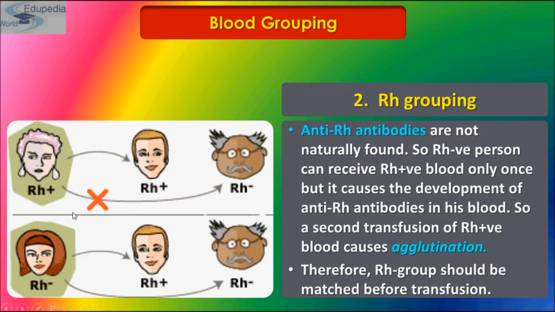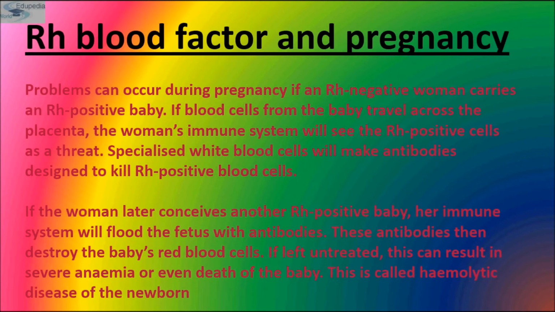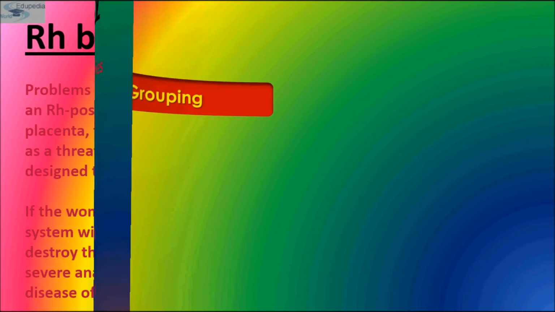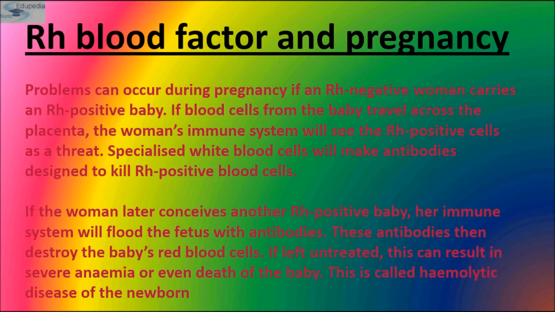Okay. So I hope it is clear to you how incompatibility takes place during blood transfusion. And this is what I told you, that it occurs in pregnancy also. It can arise during pregnancy if an Rh negative woman carries an Rh positive baby.